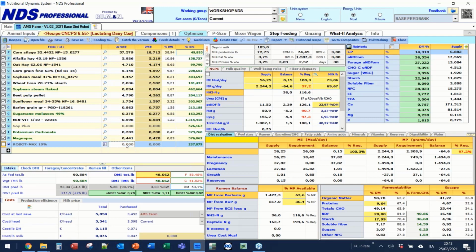Now I add the minimum of the pellet I want to guarantee. No, sorry, we are in pounds, 2.5.